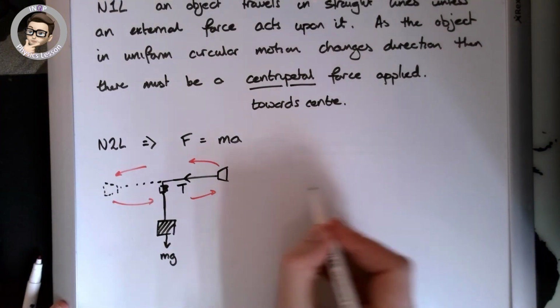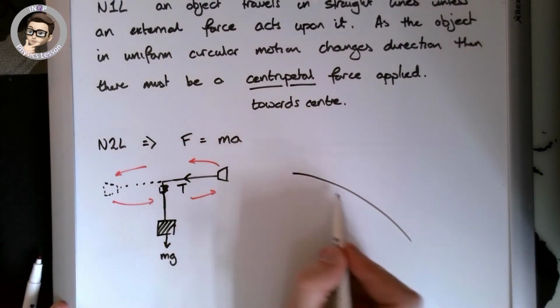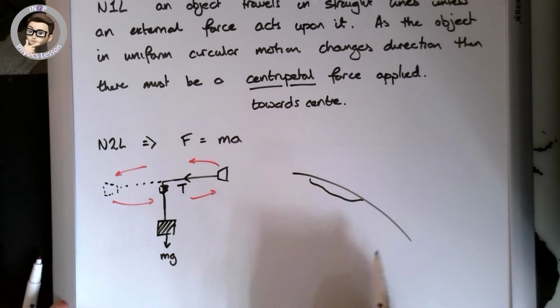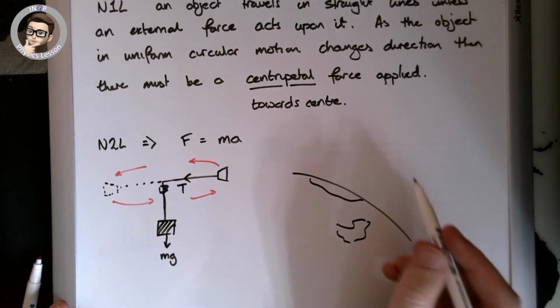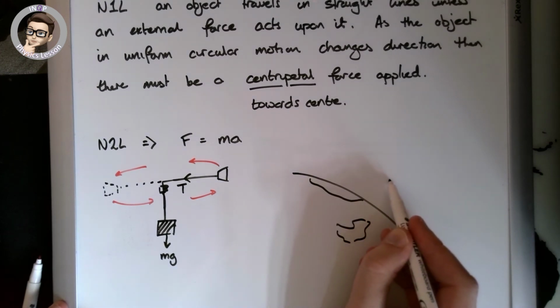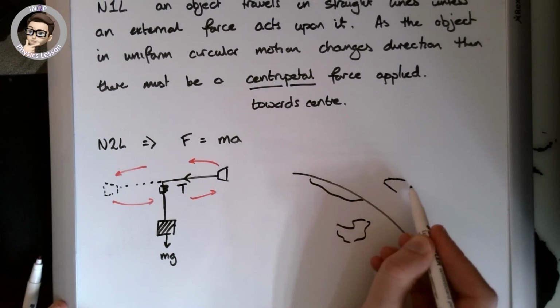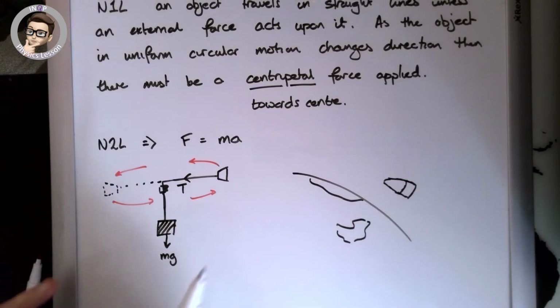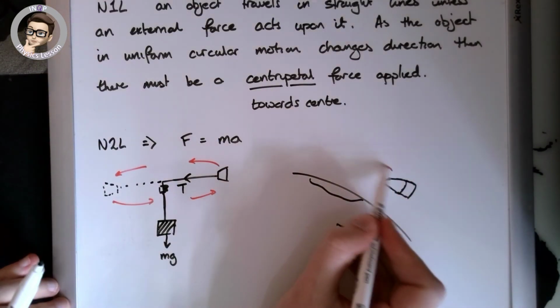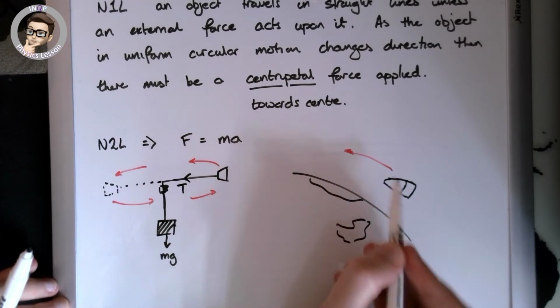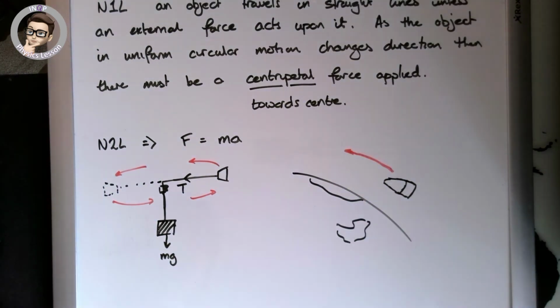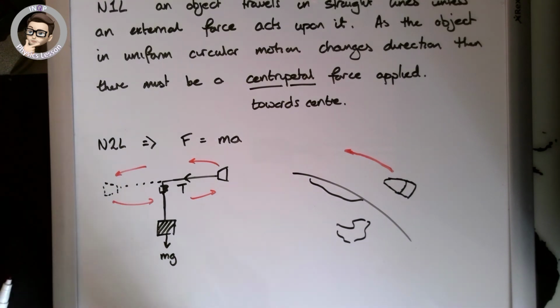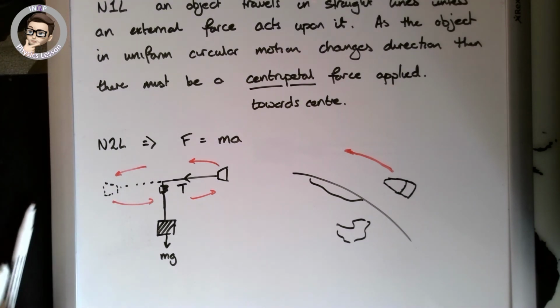Okay, so let's do another example. So here's the Earth, seen over the North Pole, and then maybe use the UK. We had, last week, the Dragon module, a little bit like that, moving around the Earth. Once it was in orbit, it would move around the Earth with uniform circular motion unless it was firing its thrusters.